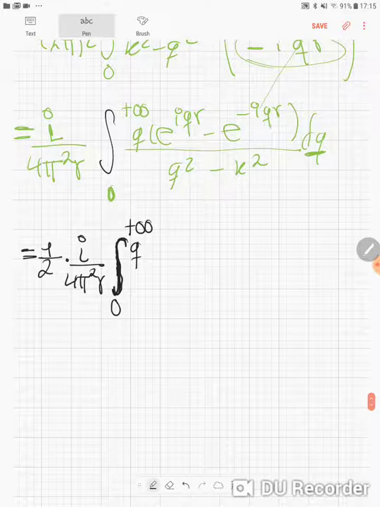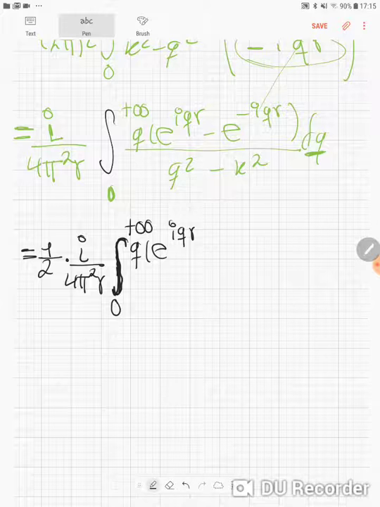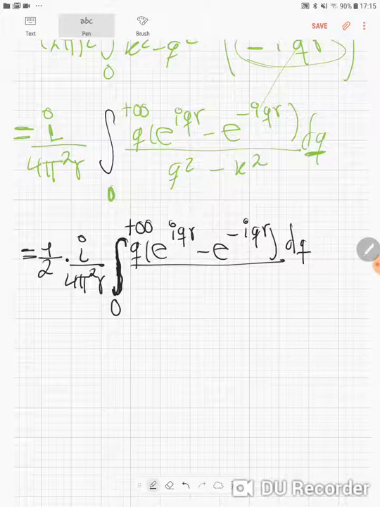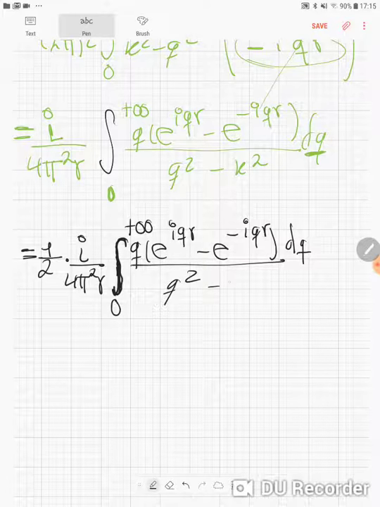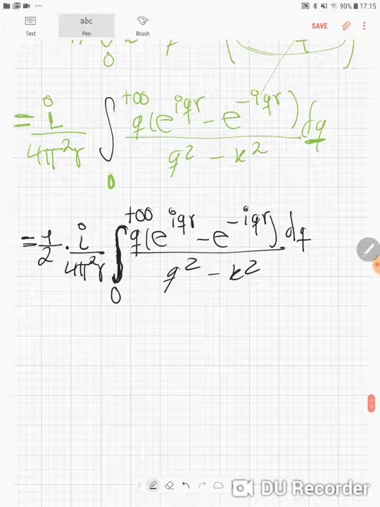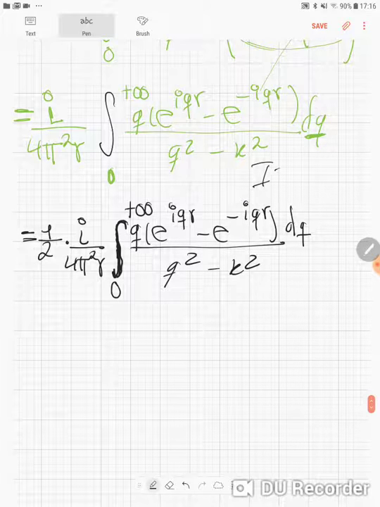So this is of q e to the i q r minus e to the minus i q r dq over q squared minus k squared. Now the second integral is going to be the same, because we just split the integral in half: the integral is equal to 1/2 integral plus 1/2 integral. This is what I just did.